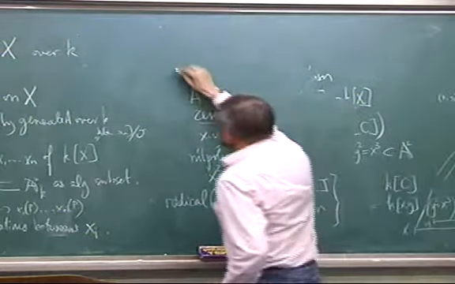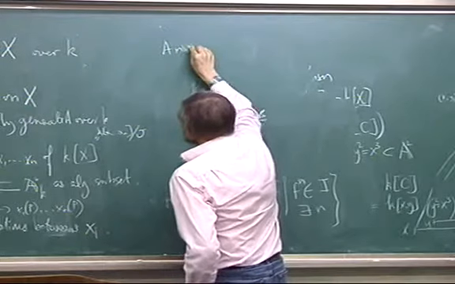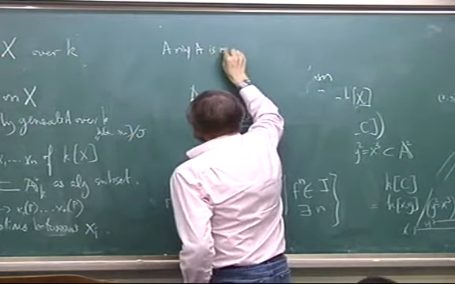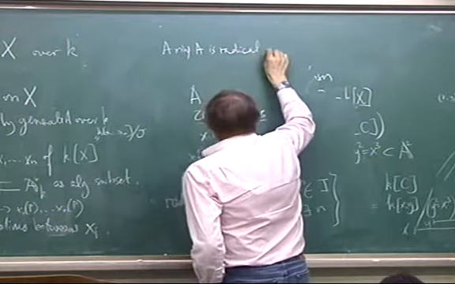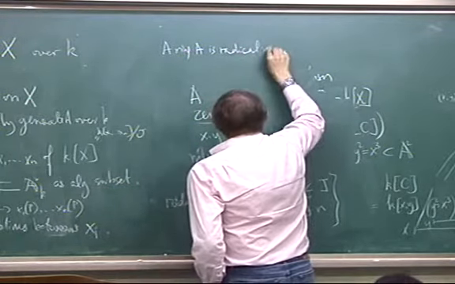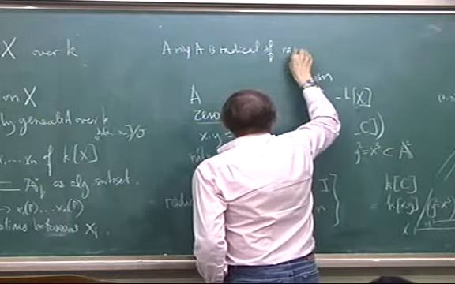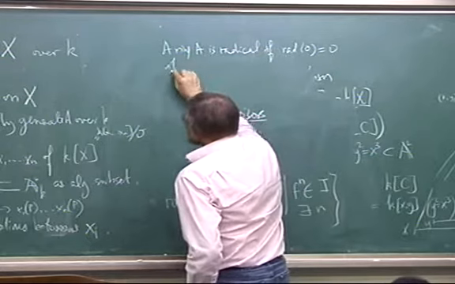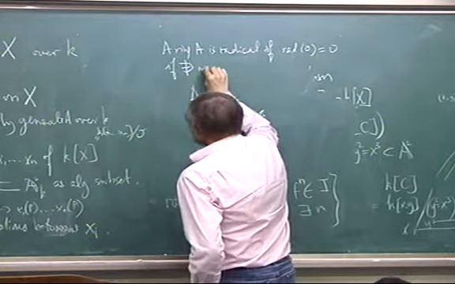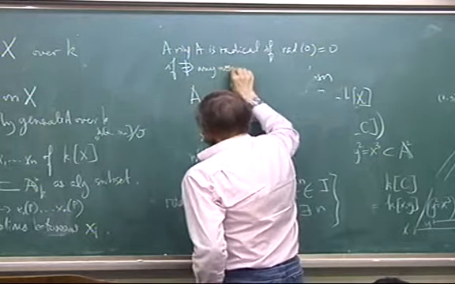And so a ring A is radical if rad of 0 equals 0, or if there don't exist any non-zero nilpotents.